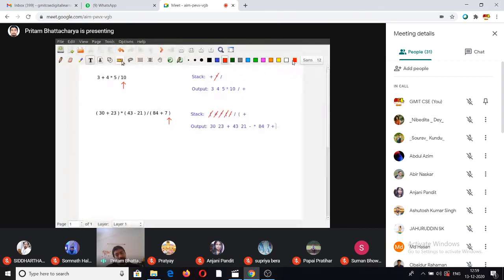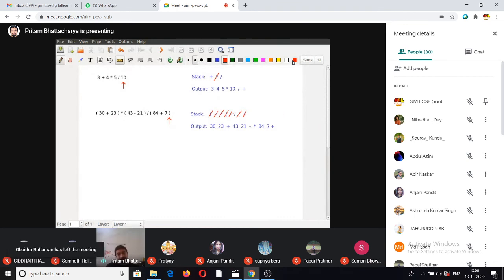So what I have done is I have popped the plus, then I have popped the opening parenthesis, but the plus I send to the output, the parenthesis I never send to the output, because as I said earlier also, postfix expression does not require the parenthesization. It actually captures that information in the sequence, in the way it converts.